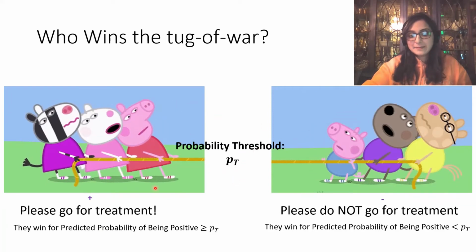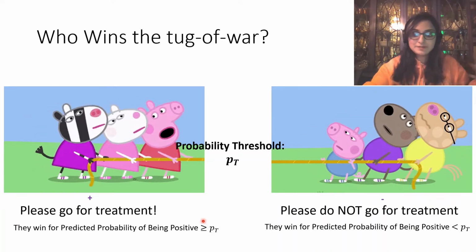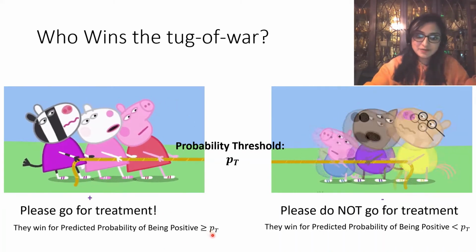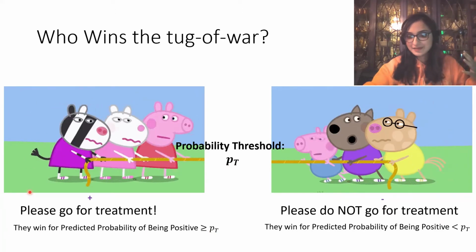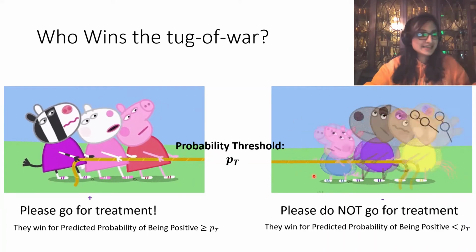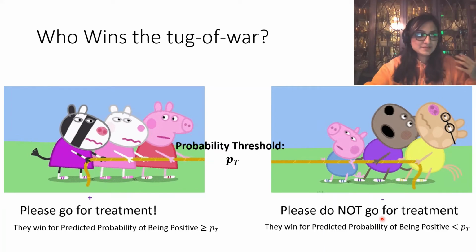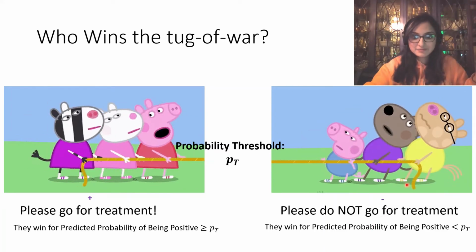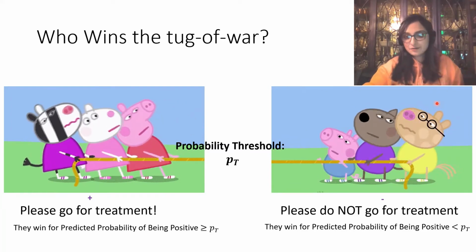So if the probability that a patient is positive is greater than or equal to a threshold, then you're predicted as being positive, and then you need to go for treatment. Otherwise, you're predicted as negative, and these guys win if the predicted probability for a patient being positive is less than the threshold. They're predicted as being negative, and then the idea is not to go for treatment.